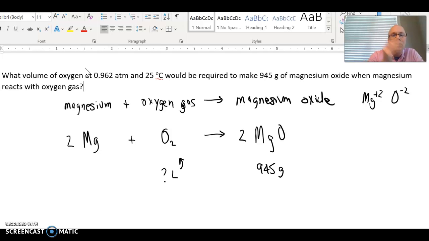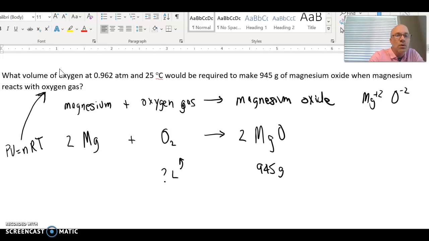So a general plan. What could we get to? What do we need in order to calculate a volume based on this? Well, from our gas laws, we have that relationship, PV equals nRT.